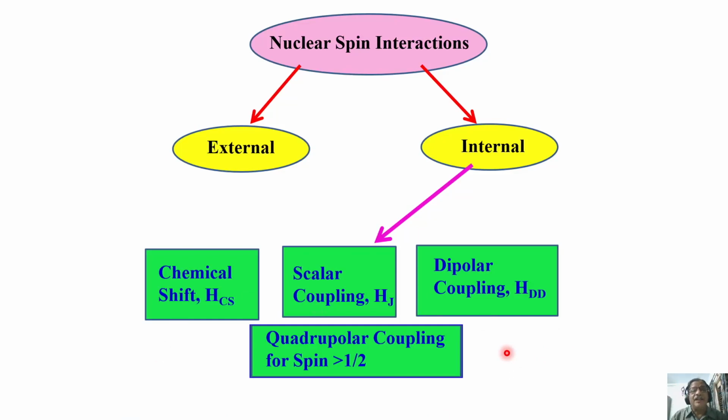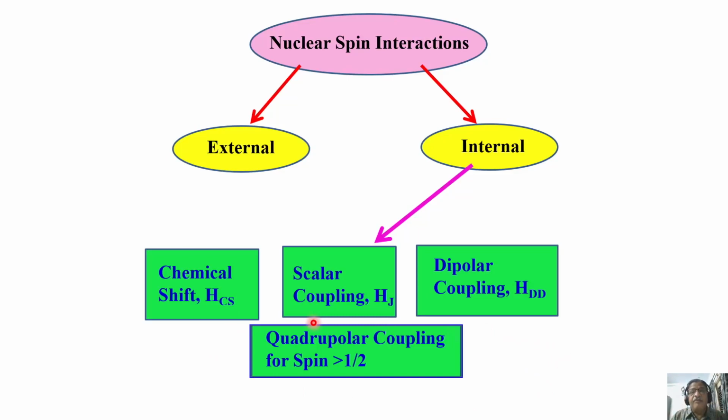We calculated that in one of the classes. Take deuterium. The spin is 1. Such nuclei, I told you, are quadrupolar nuclei. And nuclei whose spin is greater than half can have an internal interaction which is called quadrupolar coupling.